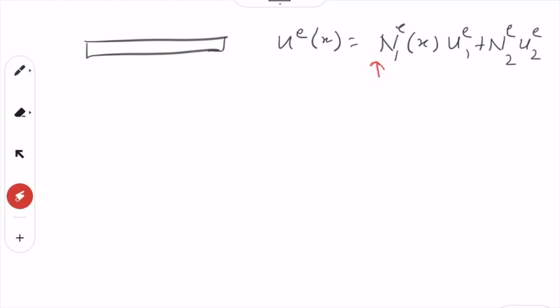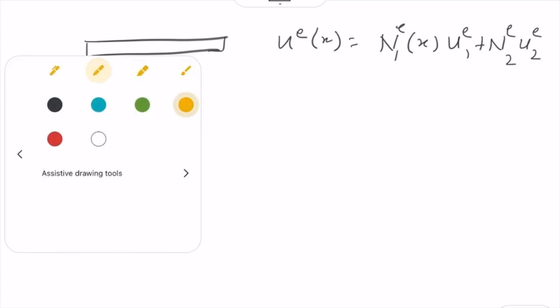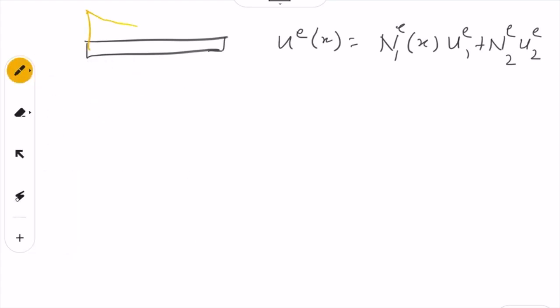These two are shape functions, and as I said this is linear, and how they vary: N1 varies from here to here, and N2 varies from here to here. So this is N1, this is N2, this is 0, this is x^e equal to L^e.